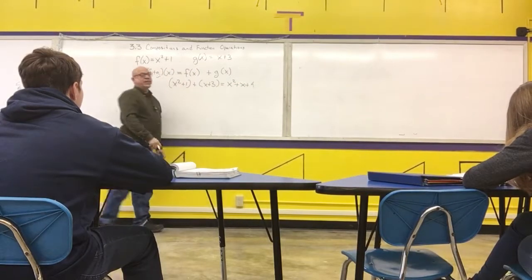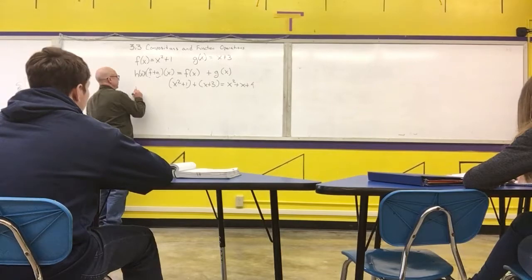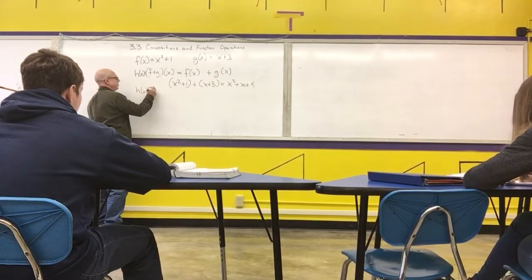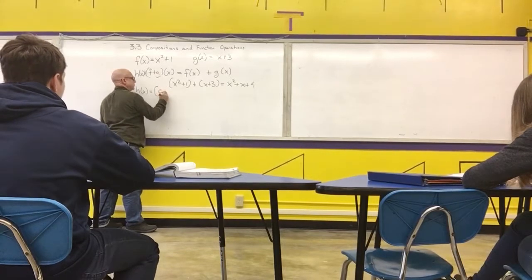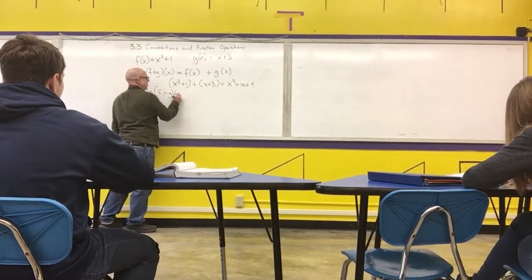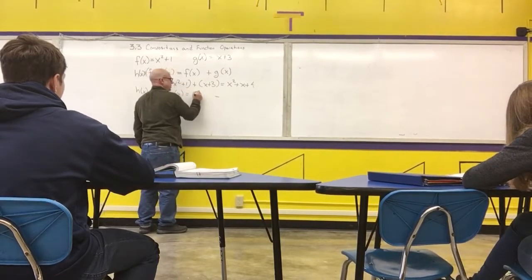Any questions on how I came up with f of x plus g of x? Did a chapter 1 work with it? If I can add two functions together, I can also subtract them. So a subtraction of two functions is the difference of the two.